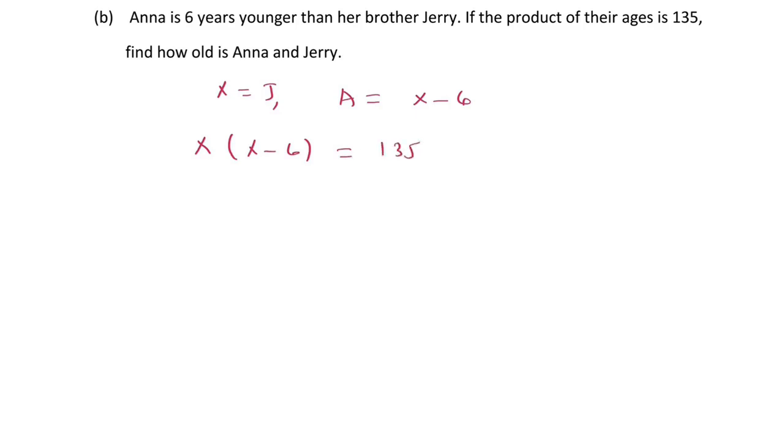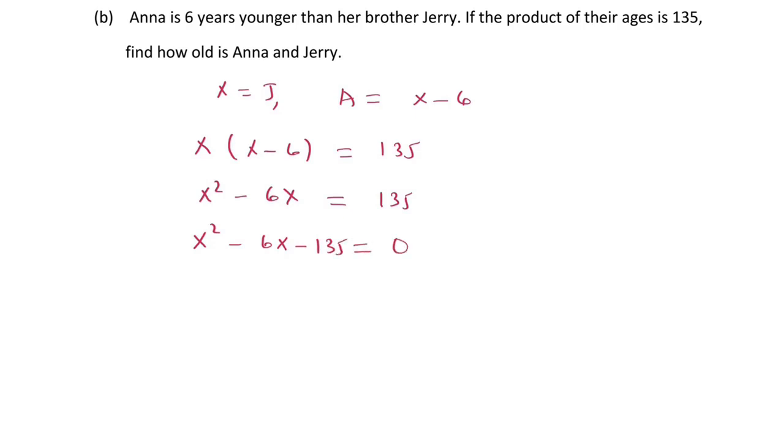Okay, so now let us expand our left-hand side. Our equation is going to be x squared minus 6x equals 135. Let us now write this equation in a standard quadratic format. Our equation is going to be x squared minus 6x minus 135 equals 0.